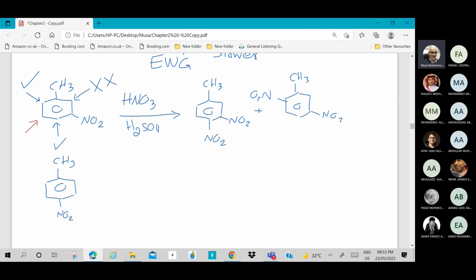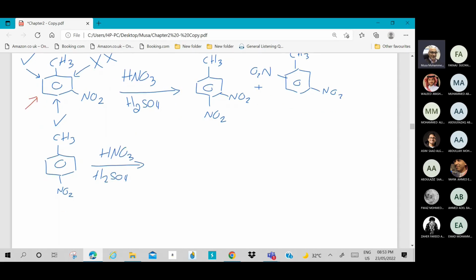Okay, now for this example, I will comment on another example on your question, because I think it's important to know this information. Now, if we want to do the reaction here, now CH3 is ortho, and of course left side it will be the same, right? So whether we put it here or here, it's identical.